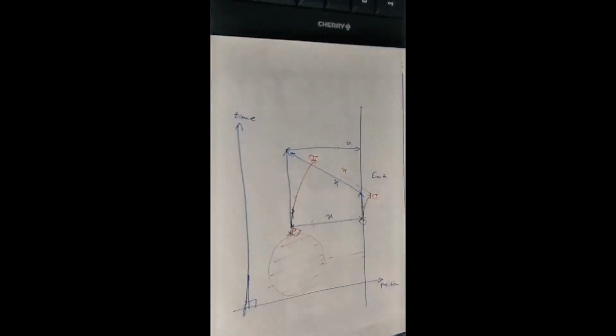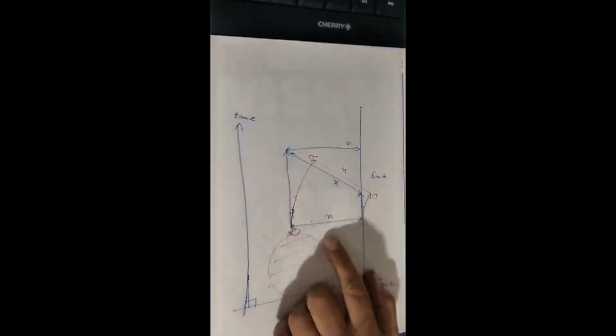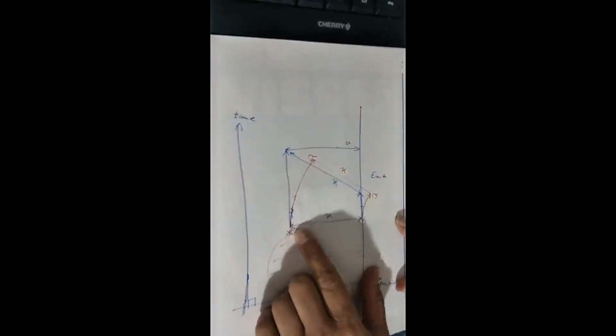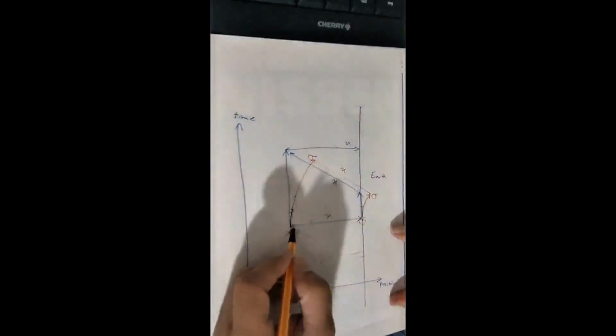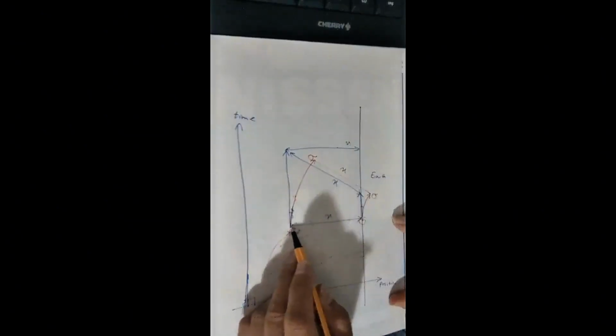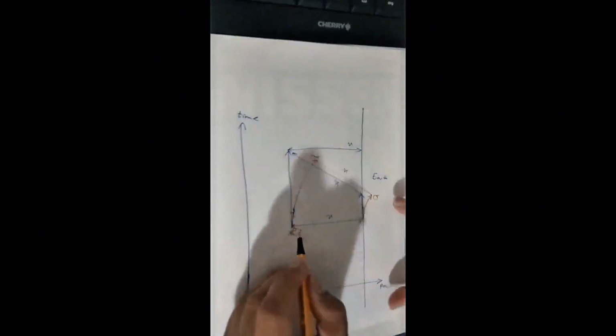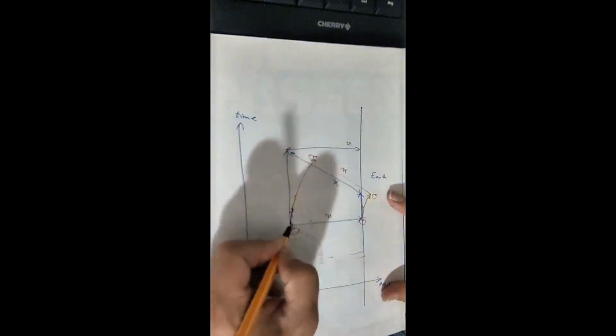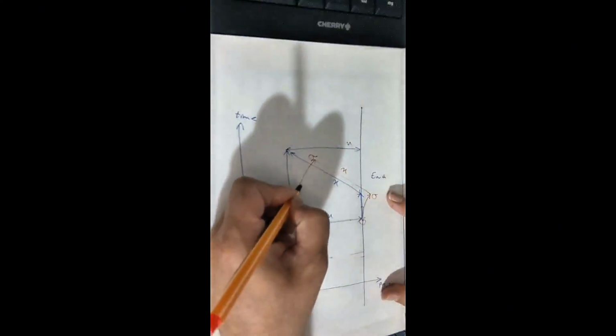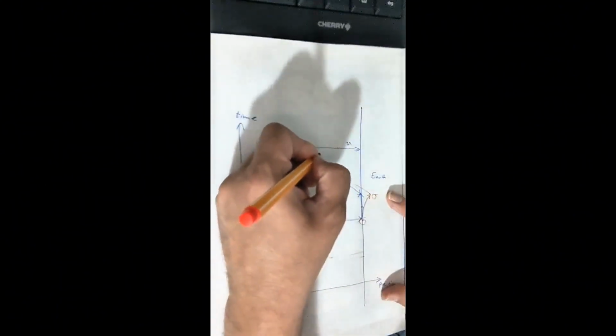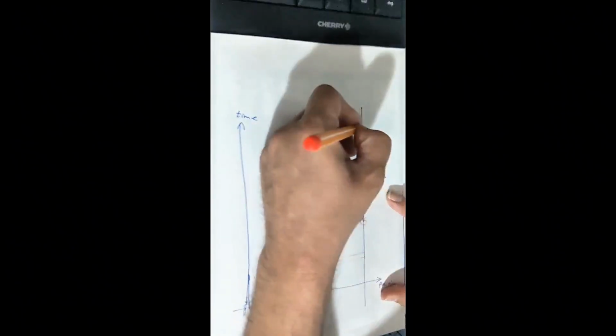So you should not take this as the apple changing its position. No, it is fixed. The apple is fixed, but it is moving on this curve that will finally lead to the Earth.